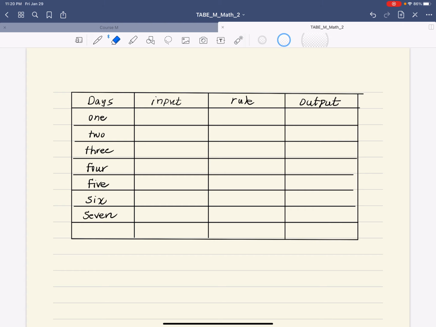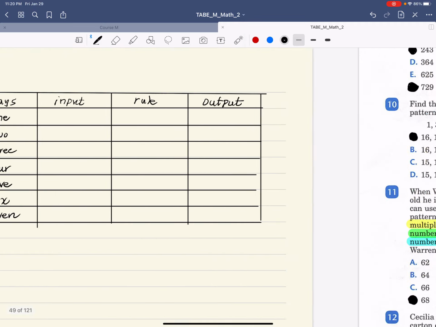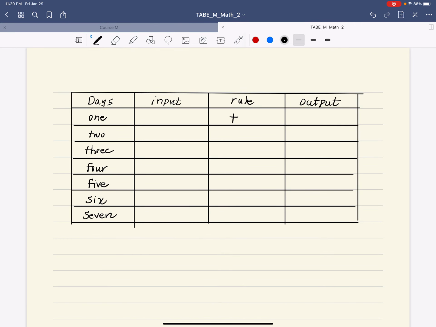So I'll take off, we don't need to worry about day 8. Just get rid of that, or you can just leave it if you have it. The rule, let me remember what they said, was add 15 minutes. So that will be the rule for the whole table.